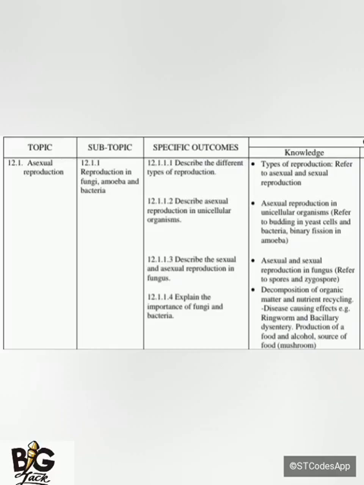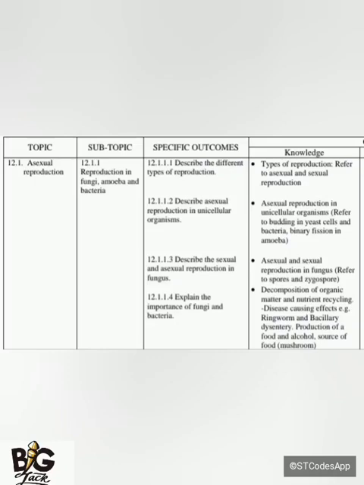Apart from that one, they can ask you to describe the sexual and asexual reproduction in fungus. So what they mean here is like this. When you talk of asexual reproduction in fungus, it is not going to involve the fusion of gametes. Okay? But when you talk of sexual reproduction, you're going to find that there will be spore formation and zygospores.